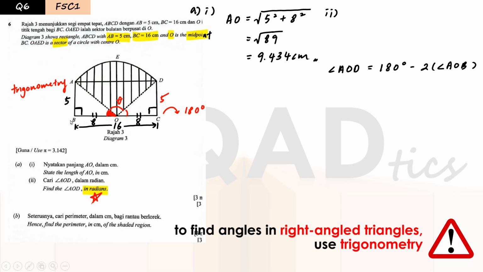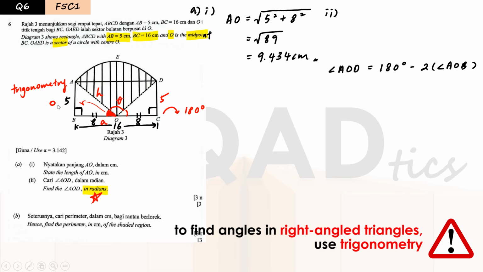Okay, so if you look at this line according to the angle here, it's the opposite, right? This line is the opposite of this angle, so it's O, and this line is actually the adjacent, right? Because the hypotenuse is here, AO. So since we have the lengths of O and A already, so why not we use these two?